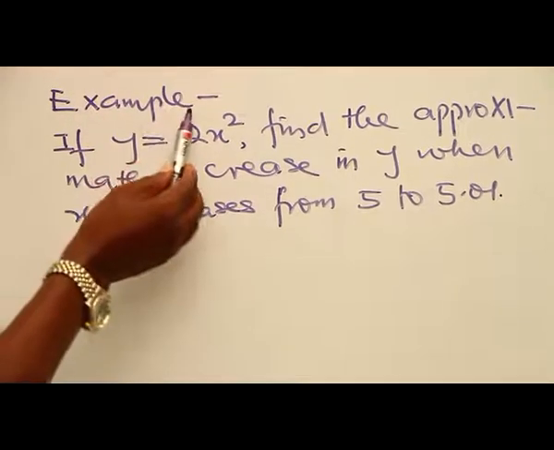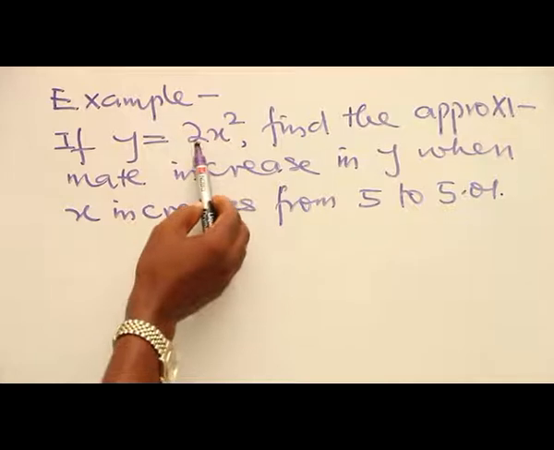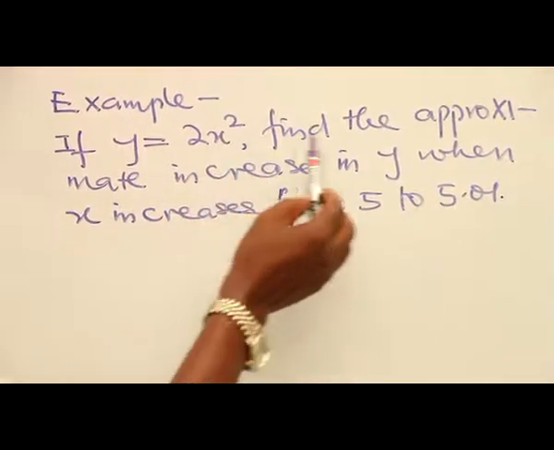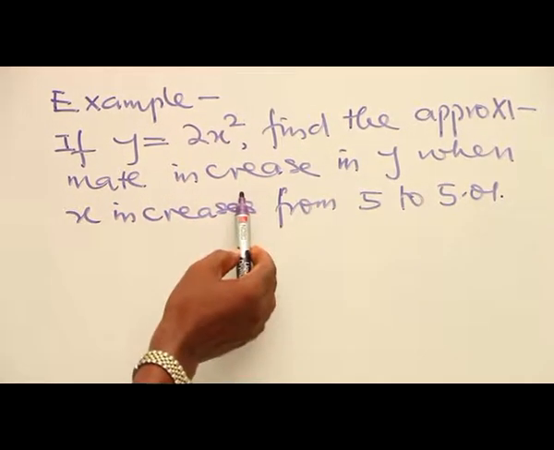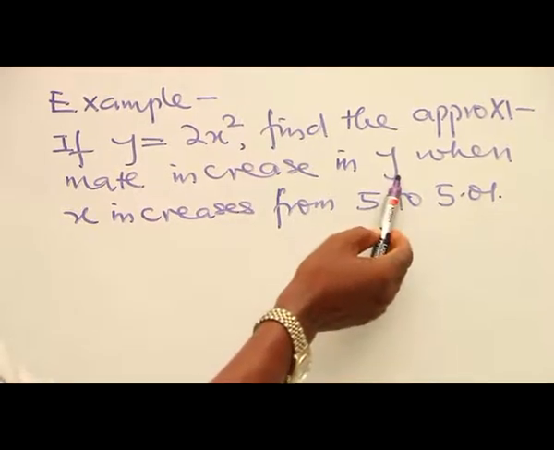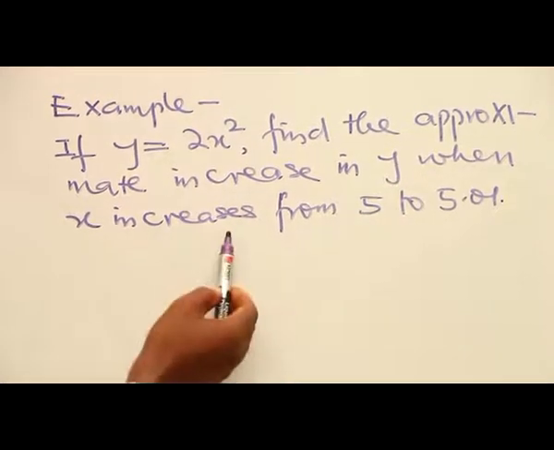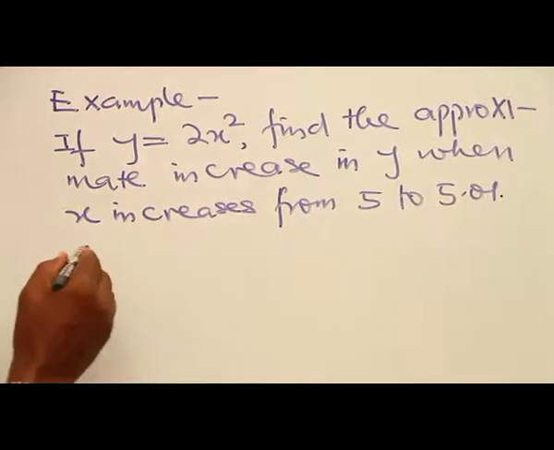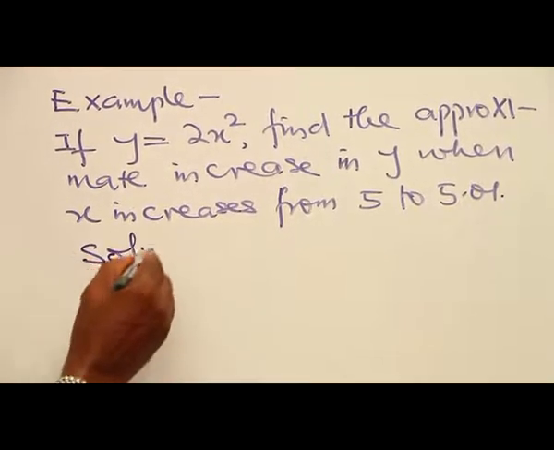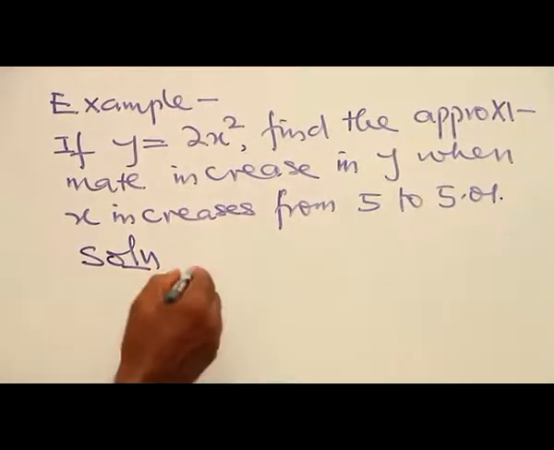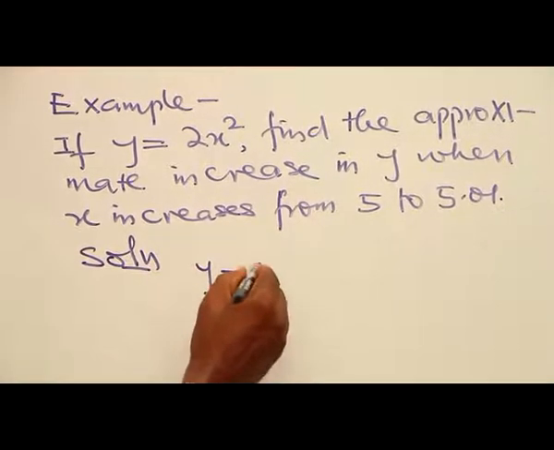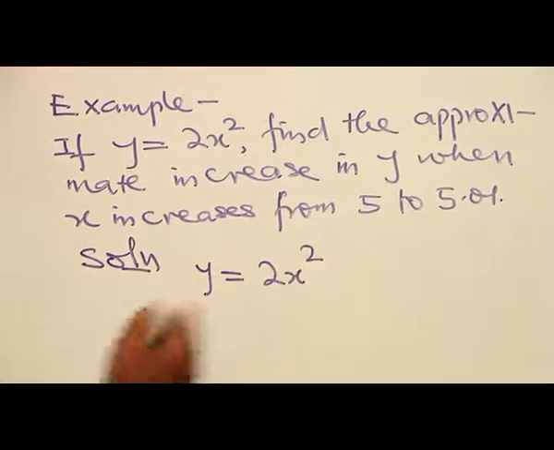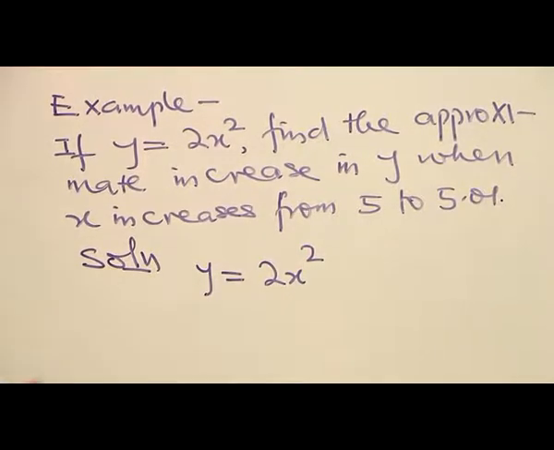Let's take an example. If y is equal to 2s squared, find the approximate increase in y when s increases from 5 to 5.01. Your solution. Here you are given y equal to 2s squared. You are looking for the approximate increase in y.